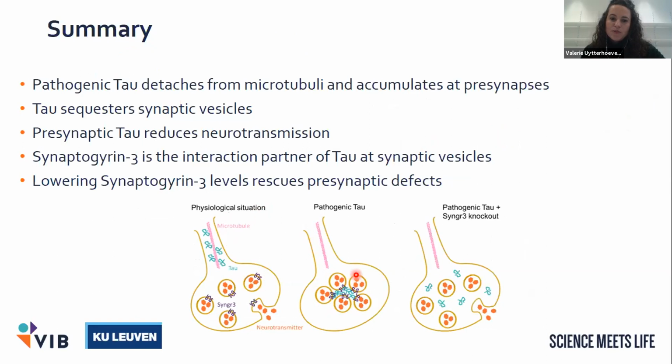We know that synaptogyrin 3 is the interaction partner of tau at synaptic vesicles, and lowering synaptogyrin 3 levels in neurons rescues the presynaptic defects. It lowers the clustering of synaptic vesicles so that they become available in the synaptic vesicle cycle and to release neurotransmitters.